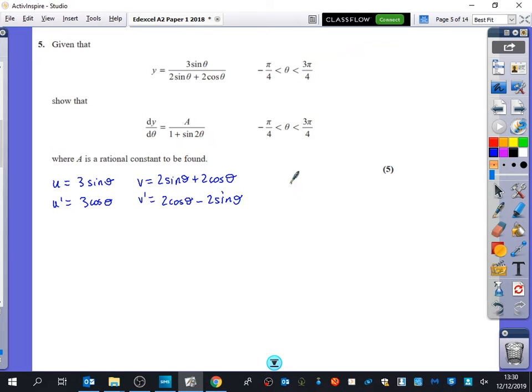And just a reminder of the quotient rule, we will have that dy by d theta will be vu dash minus uv dash all over v squared.